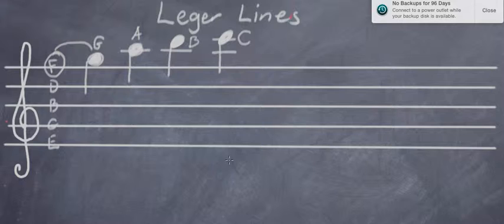We can do this in reverse as well. So if we want to go lower than our stave, so we want to go down to two lines below the stave, we'll work in reverse. We know that this bottom line is E. If we go backwards through the alphabet, we can identify the notes that I have written here.